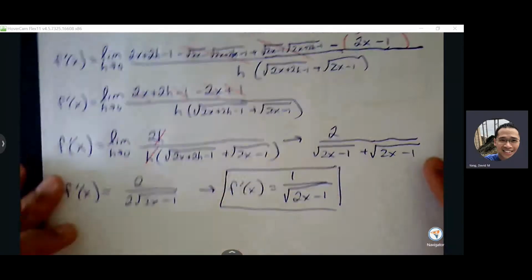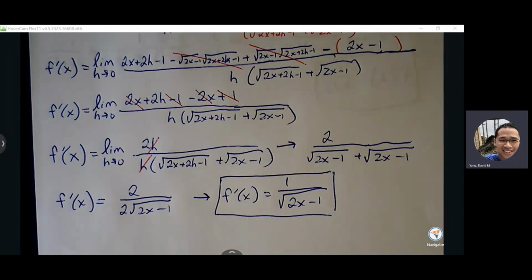So again, the purpose of this derivative function is that it's going to allow us to figure out any slope that I want on the original function.